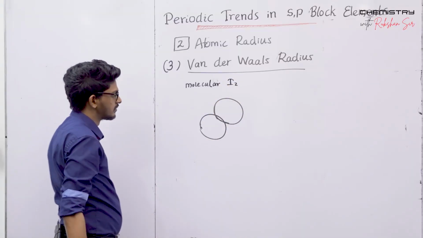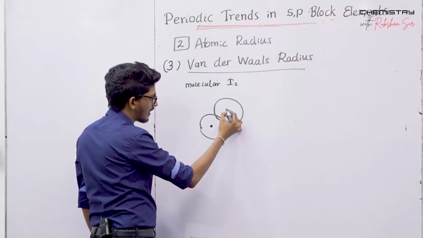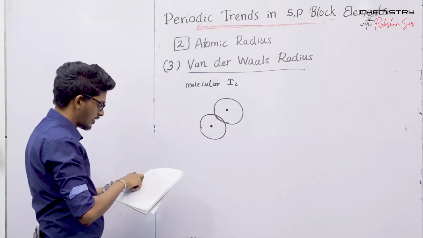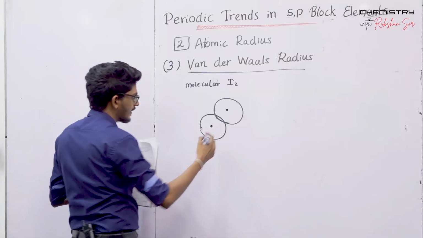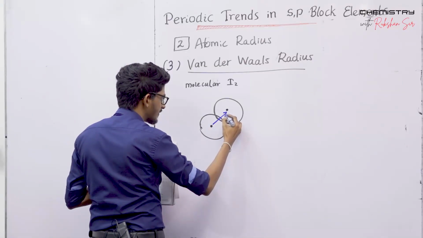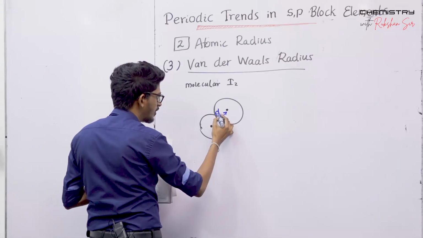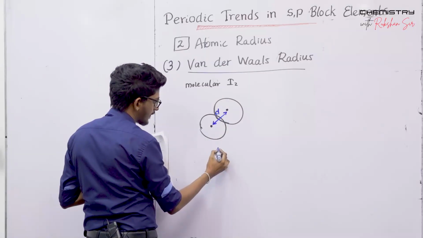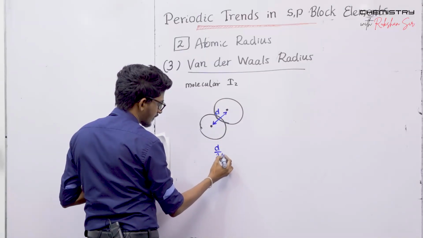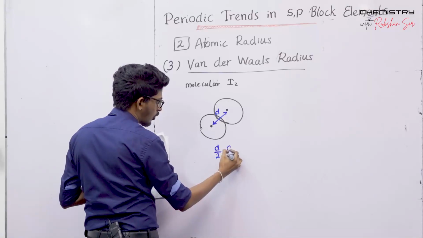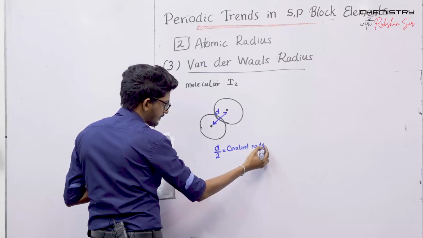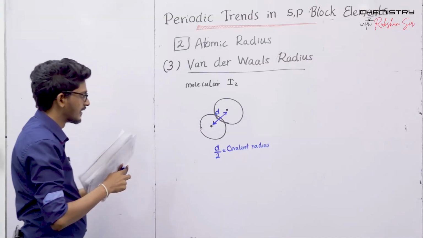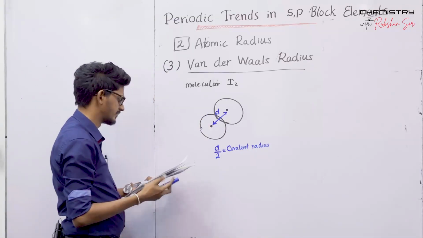You have one iodine atom here, another iodine atom here. This value divided by 2 is the covalent radius. It is with an error.